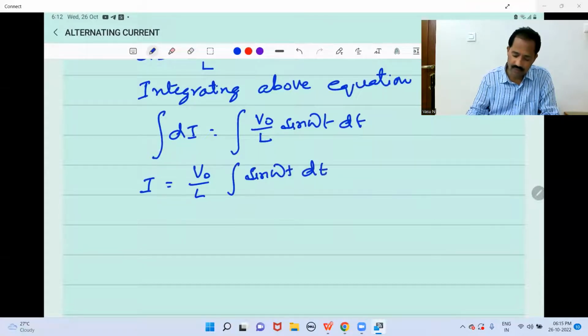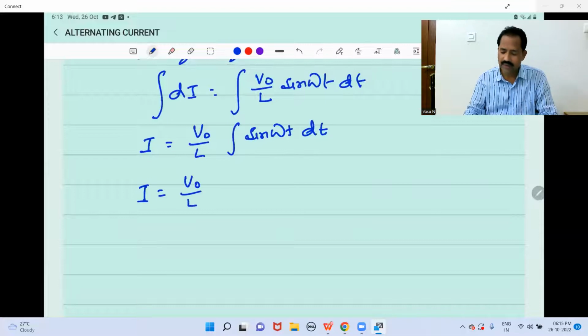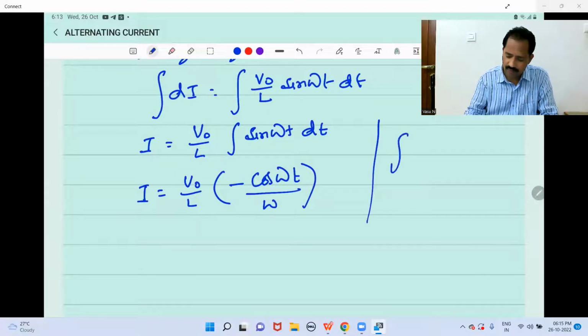dt. Okay, or I can say I is equal to V naught by L. Now what is integration of sin omega t dt? It will be minus cos omega t by omega, because integration of sin omega t dt can be written as minus cos omega t by omega.